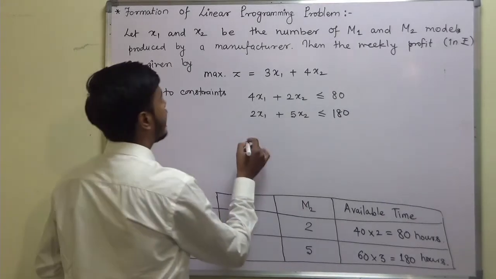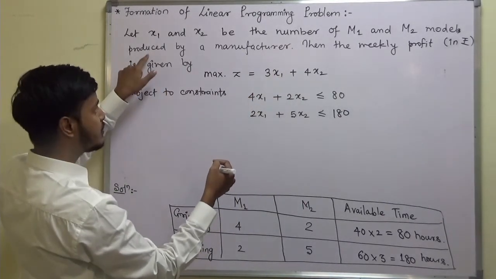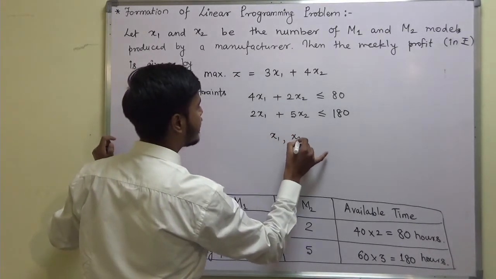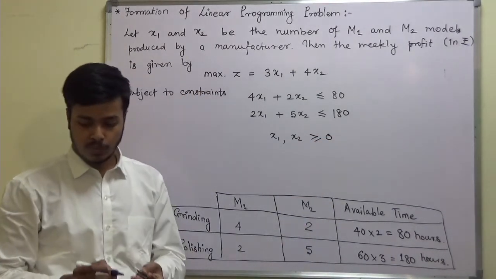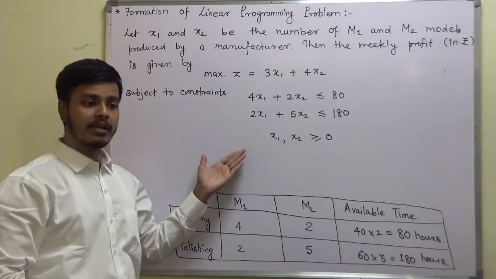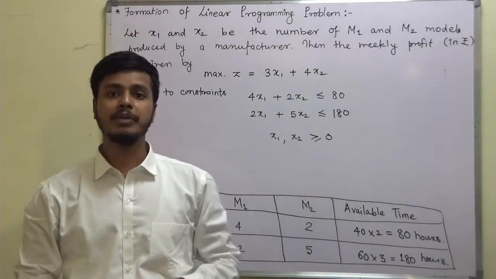And x1 and x2 being the number of models M1 and M2 produced by a manufacturer, they are going to be non-negative quantities, x1, x2 greater than or equal to 0. So this is the required formulation of the given problem as an LPP.